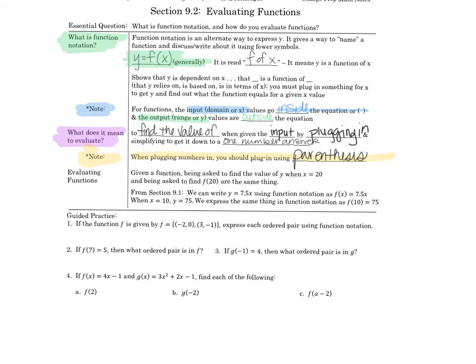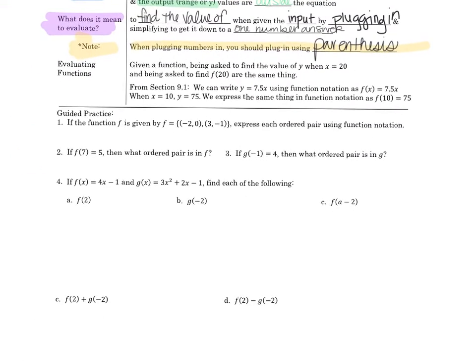Okay, so let's go ahead and look at guided practice. If the function f is given by f is equal to (-2, 0), (3, -1), express each ordered pair using function notation. So we know that function notation is f of x equals y.